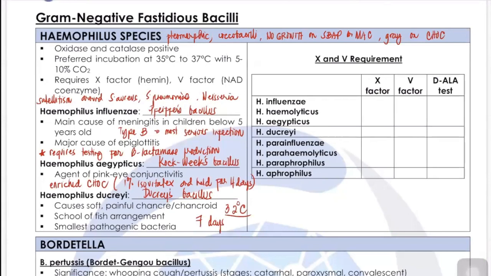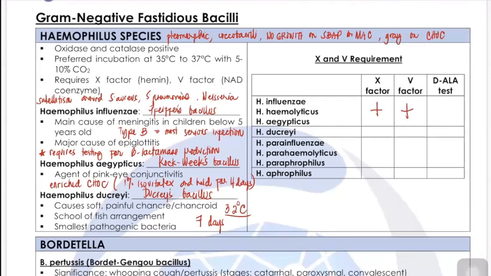Okay? Now, as I have mentioned, the Haemophilus species are commonly differentiated based on their X and V factor requirement. So, nakagrupo na yan sila, guys. So, usually, yung Haemophilus influenzae natin, haemolyticus and aegypticus, sila yung nagre-require ng X and V factor. Okay?